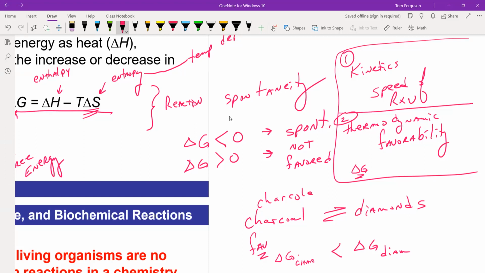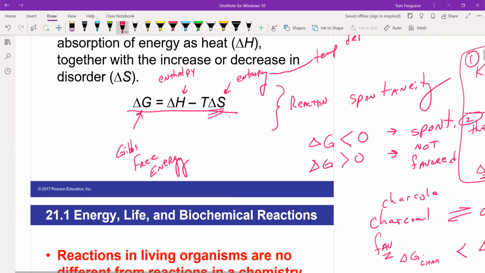So that means it's thermodynamically favored. However, the kinetics is very slow. The activation energy is extremely high. So your precious diamond will eventually go to carbon, but it'll happen very, very slowly.